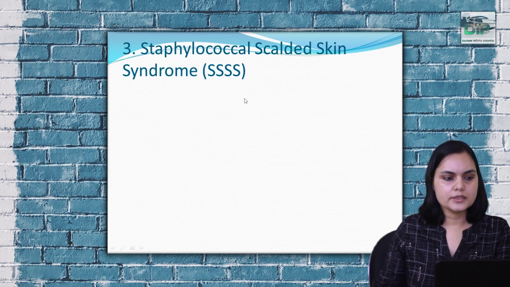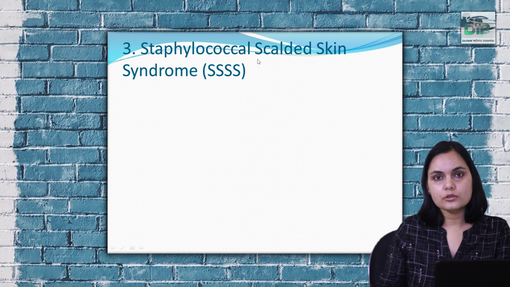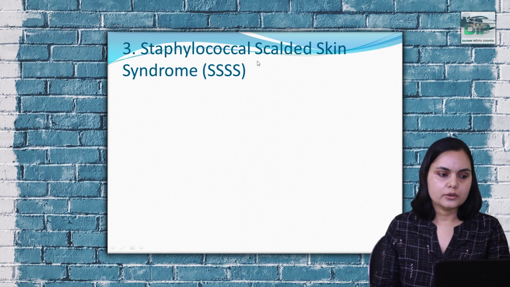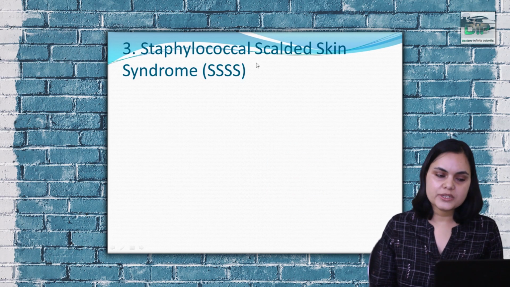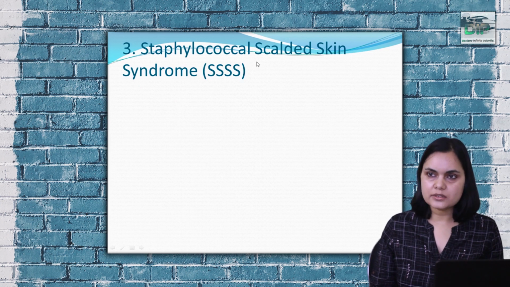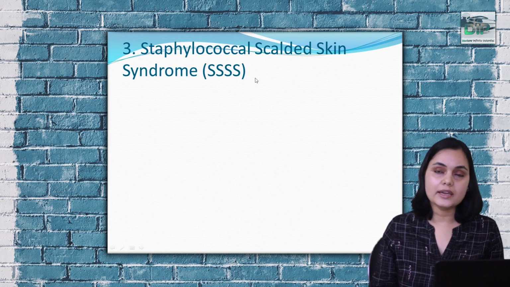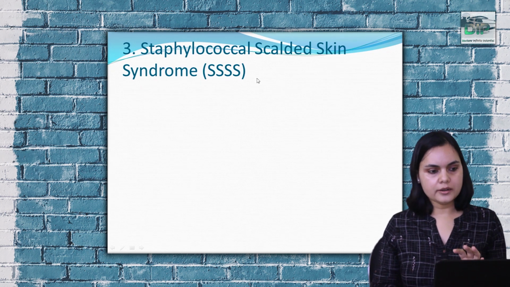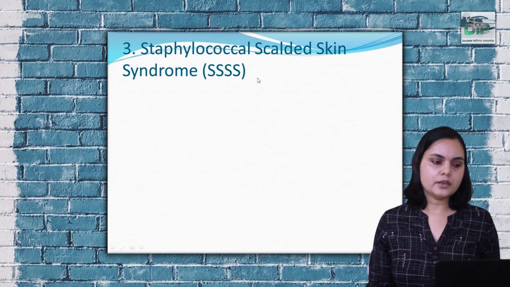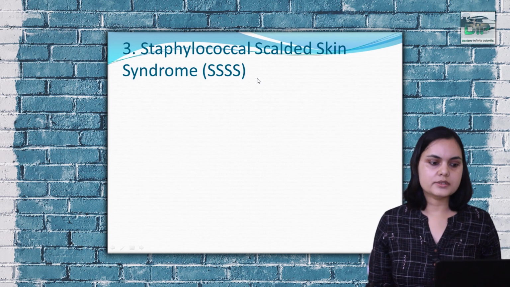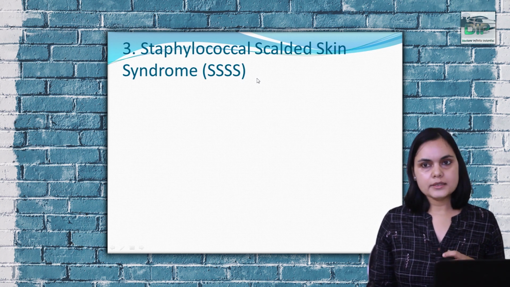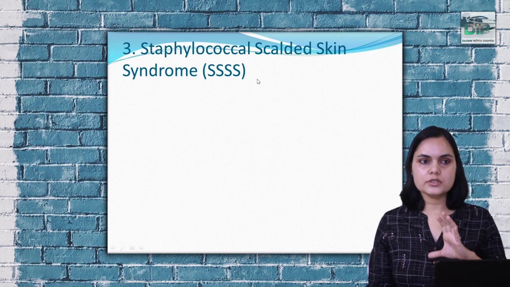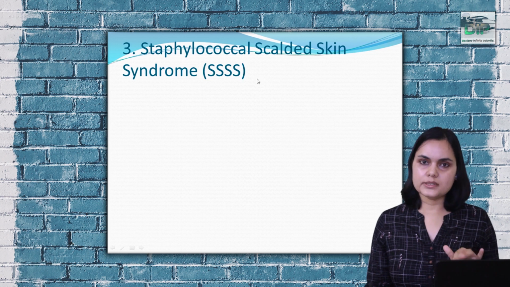Another bacterial condition is staphylococcal scalded skin syndrome. Though this is not an OPD presentation, this is actually a dermatological emergency in children, but I'd like to put it here because this is again a Staphylococcus aureus skin infection, and it is somewhat similar to bullous impetigo.